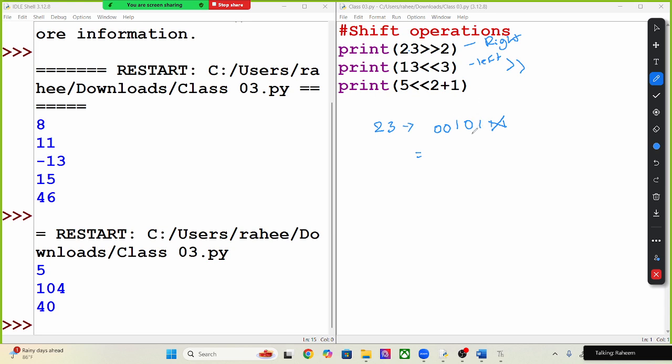If you convert this number into decimal, it is 5. 1 plus 4 is 5. So if we perform right shift, it will always decrease the value. Previously the value was 23. After the right shift we got 5.